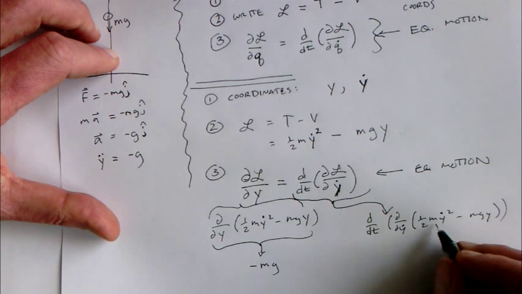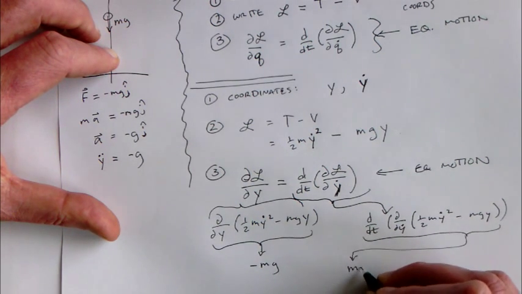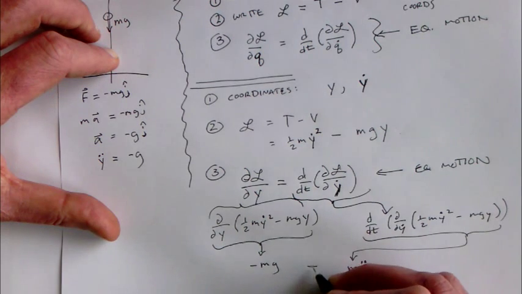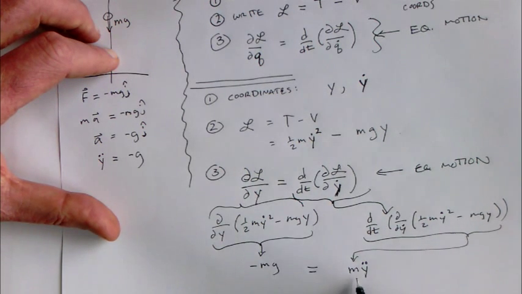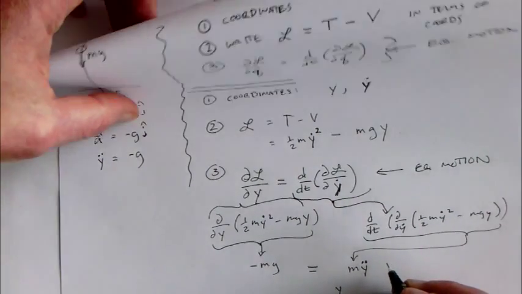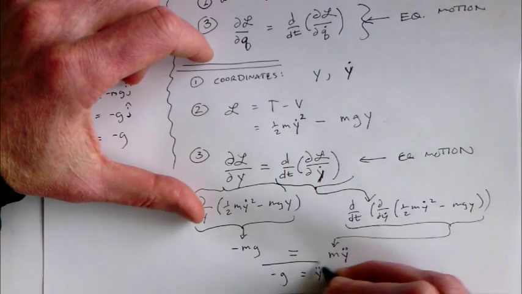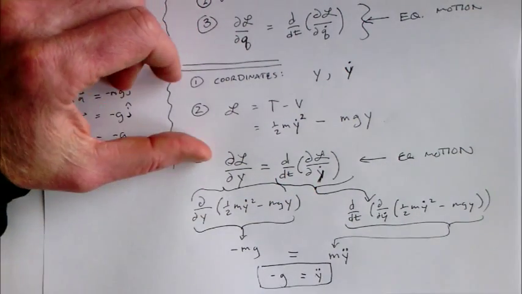Then I take d by dt of m y dot, which is m times y double dot, so this whole thing ends up giving me m times y double dot, right? So I get minus mg is equal to m times y double dot, or, not surprisingly, y double dot is equal to minus g. Okay?